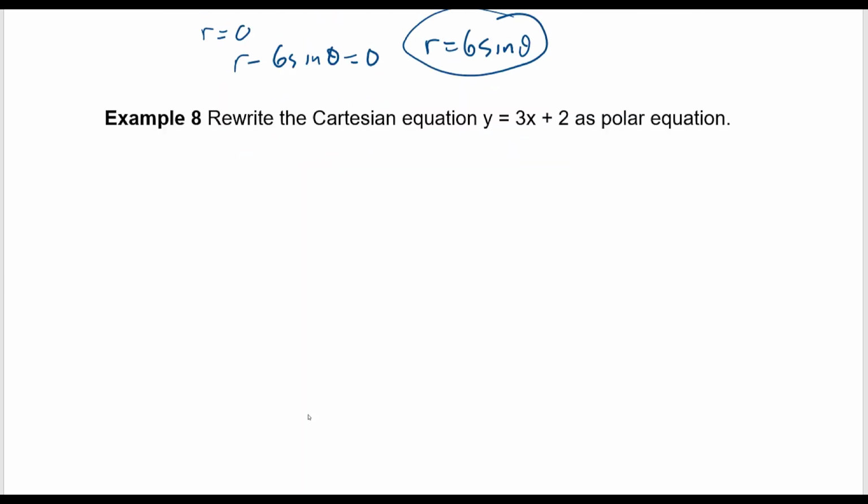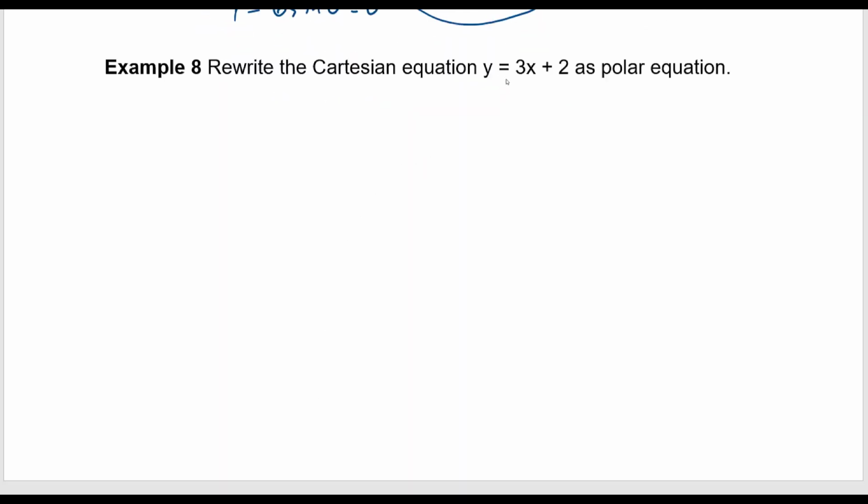Let's go on to number 8. Rewrite the Cartesian equation y equals 3x plus 2 as a polar equation. So we'll go back to x equals r cosine theta and y equals r sine theta.